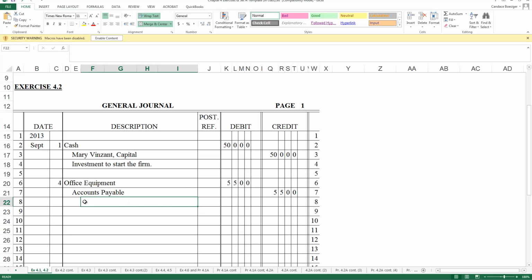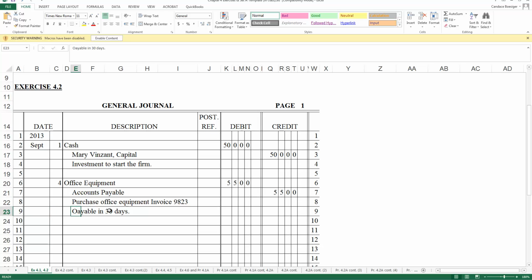And a description is purchase office equipment, invoice 9823, and I would also put in here that it's payable in 30 days.